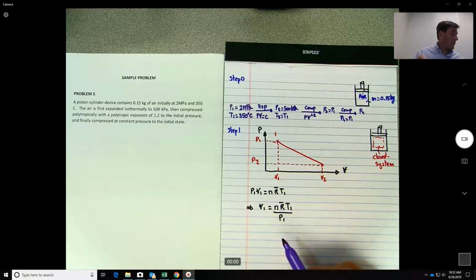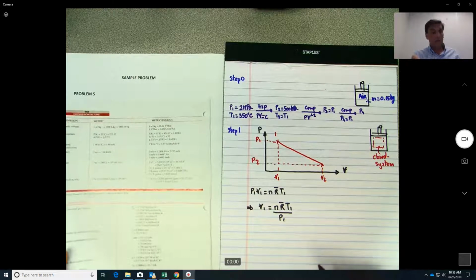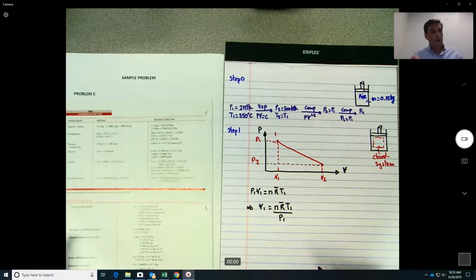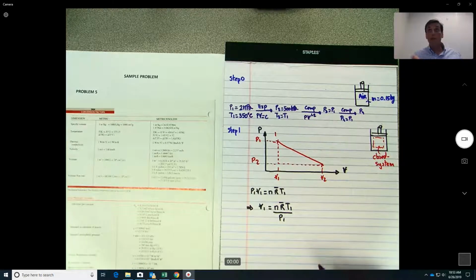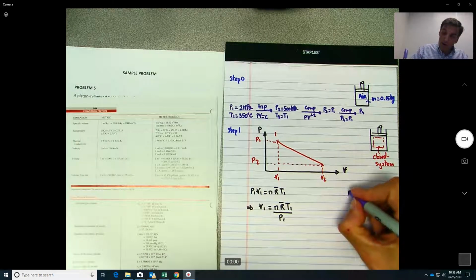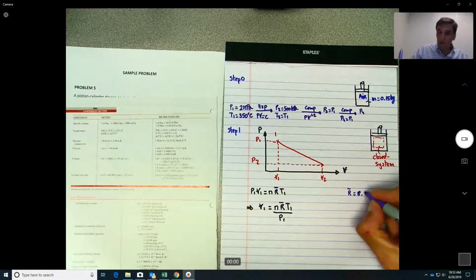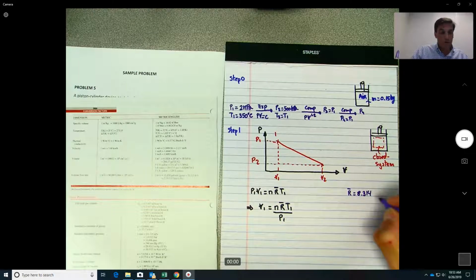Alright, so now the value of R. Here I'm using the Çengel table, so that will be on the conversion factors table over here. Might not be very clear on video, but it would be page 984. And R bar over here is equal to 8.314 kilojoules per kilomole Kelvin.